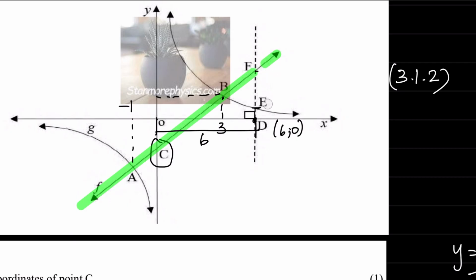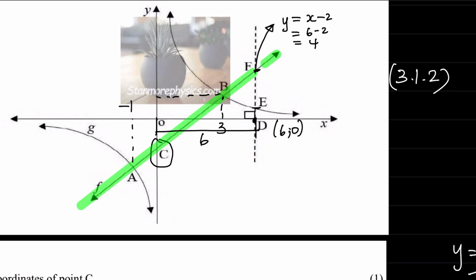And what we can do next is substitute those points into the respective equations to get the corresponding y value. For instance, if we want this one, that's the straight line. So y equals x minus 2. We know the x value is 6. So 6 minus 2, that's 4.